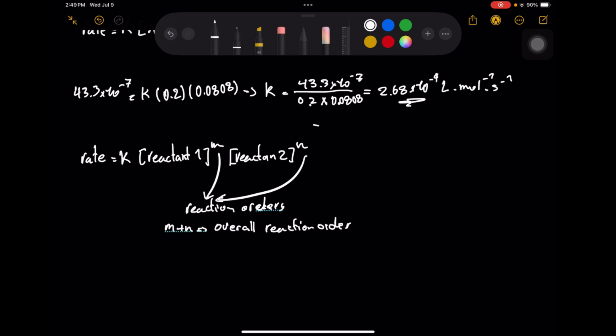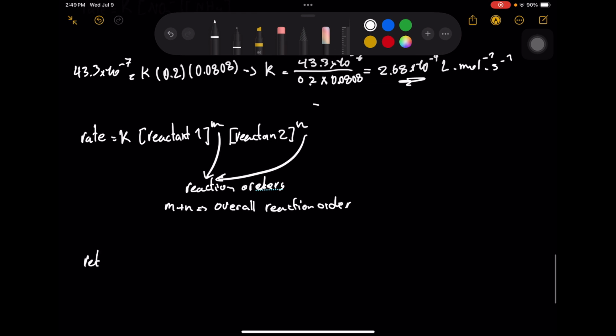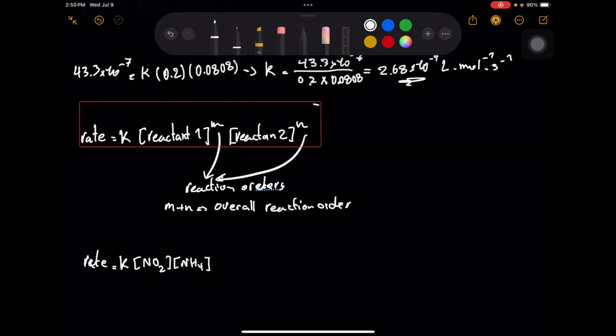If we consider the rate for the last experiment, rate is equal to k [NO2-][NH4+]. So the m here is 1 and the n here is 1, too.